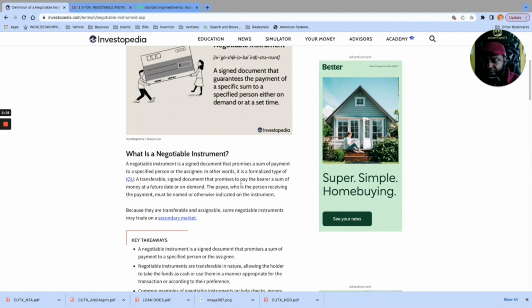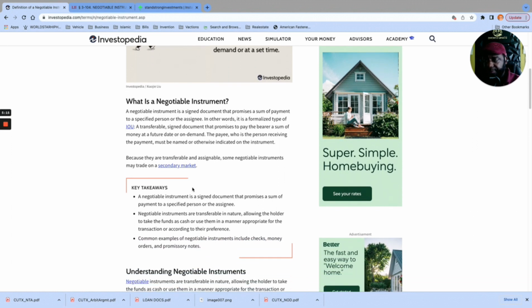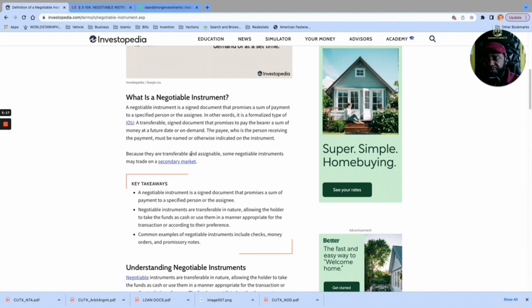The payee, who is the person receiving the payment, must be named or otherwise indicated on the instrument because they are transferable and assignable. Some negotiable instruments may trade on a secondary market.